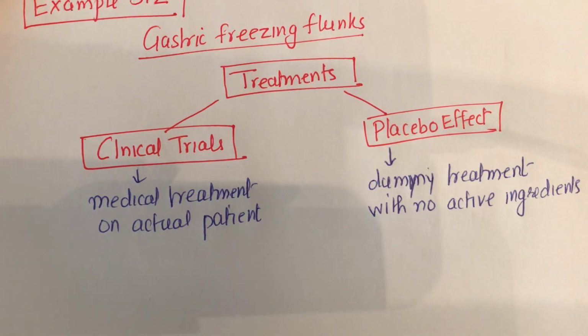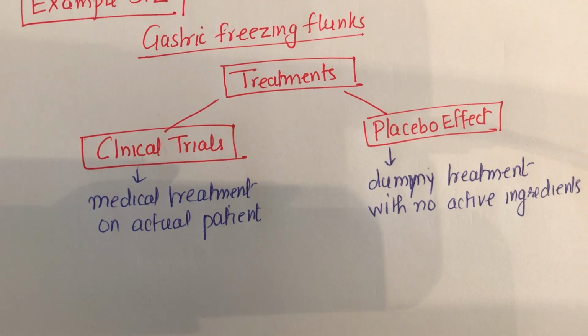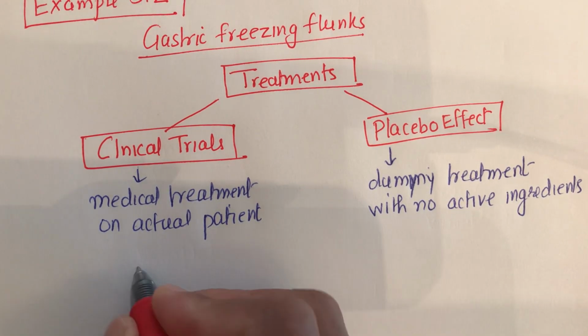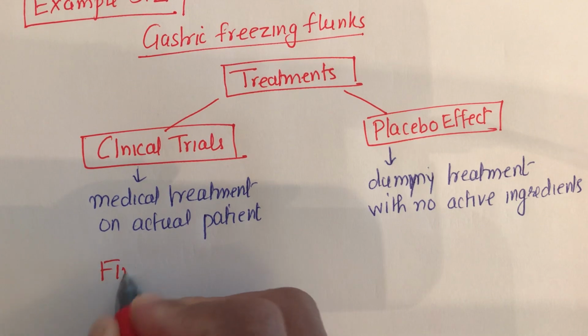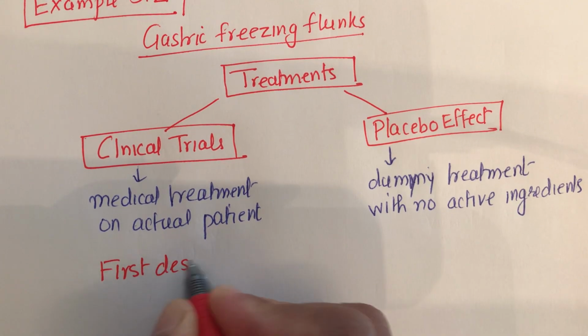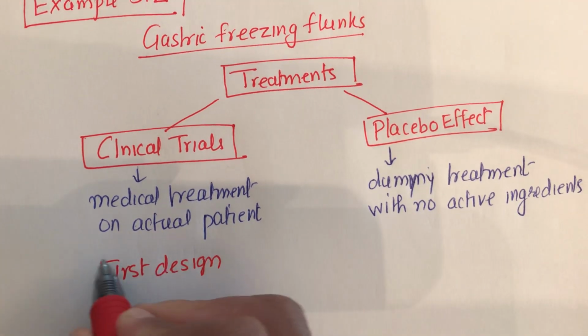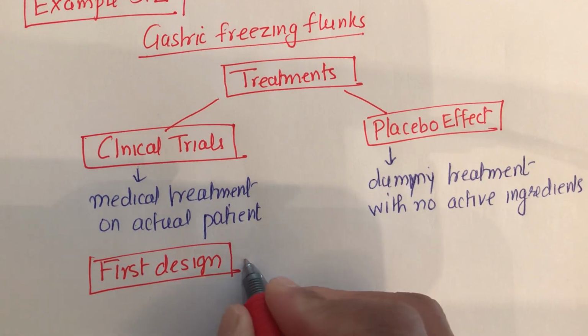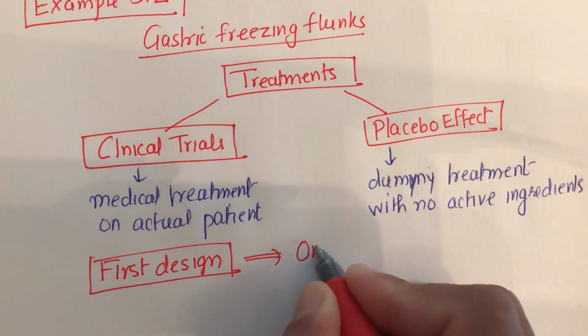All right. So what they did is they studied the effectiveness of gastric freezing. They had two kinds of design. The very first design was called a one-track design.